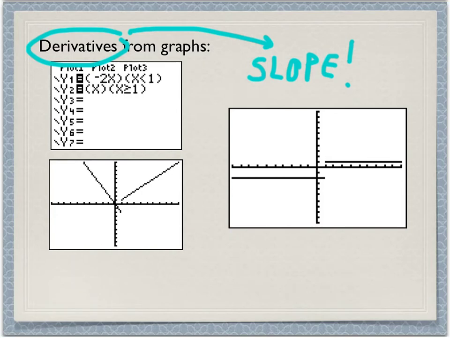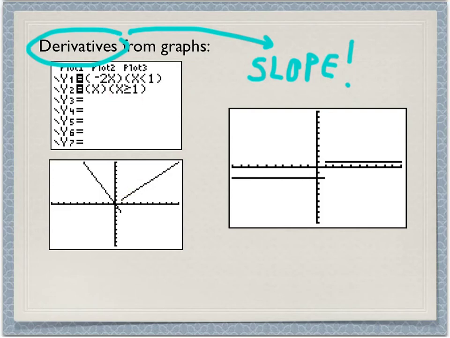So what I have graphed here is a piecewise function on my calculator. We'll be doing quite a few of these. So y equals negative 2x, that's this one here, only graphed when x is less than 1. Straight line with a slope of negative 2. On the right side here we have y equals x, the slope of 1, and that's graphed when x is greater than or equal to 1.